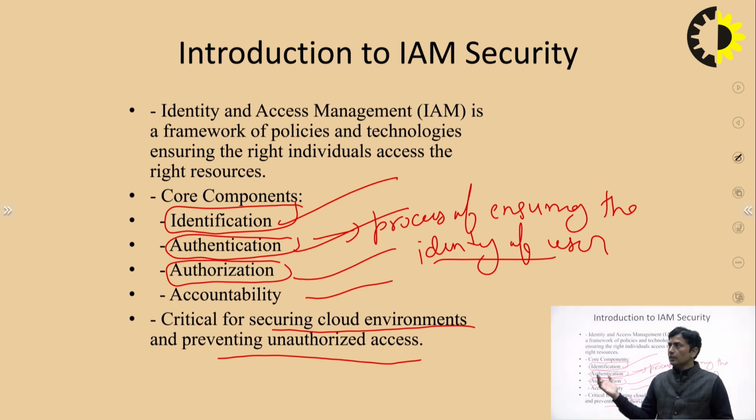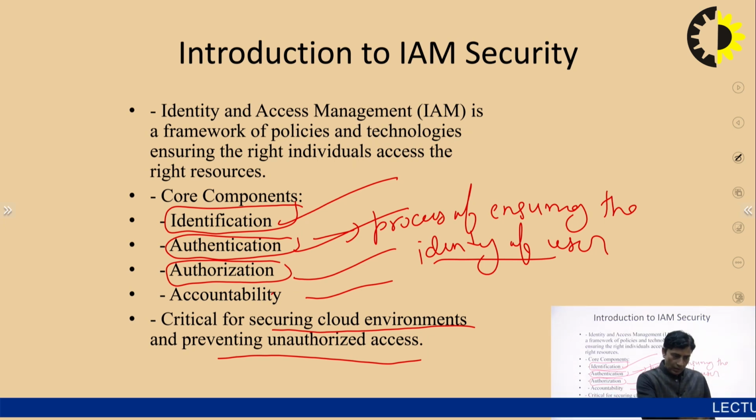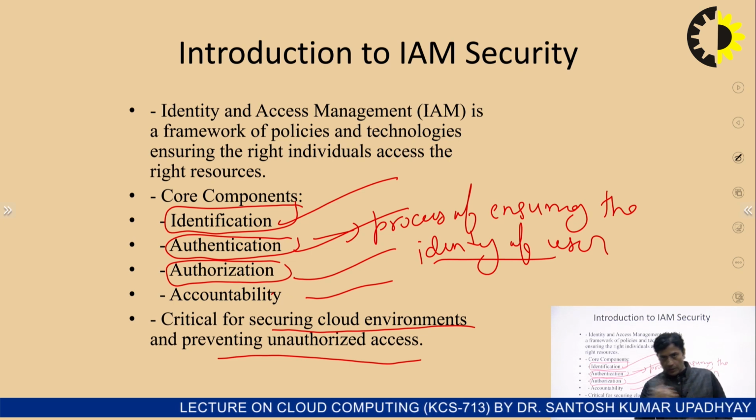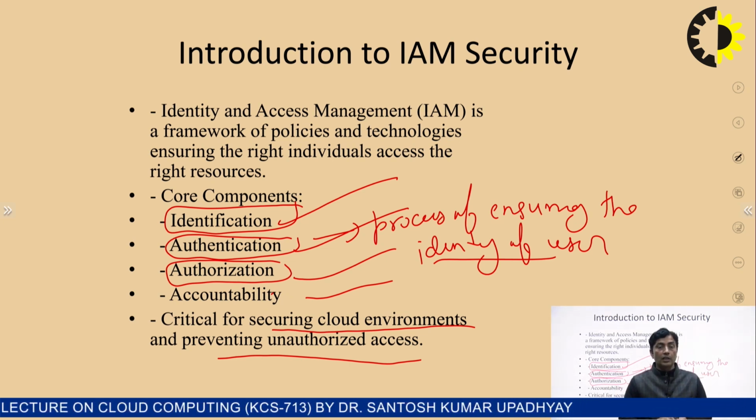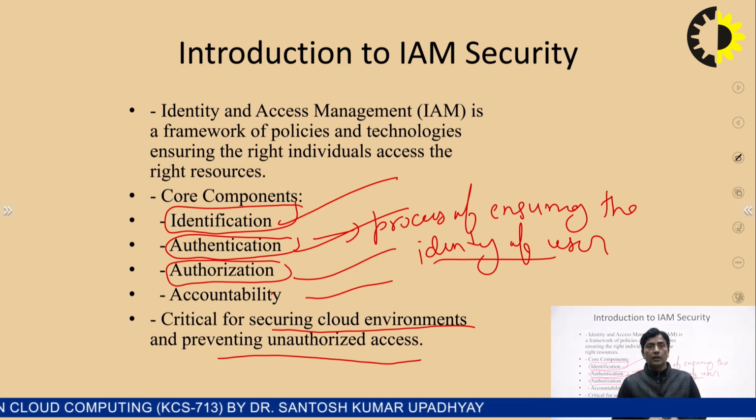Just like at the gate of the college, you check the I cards of students. If somebody has an I card, you say yes, this is our college I card, valid period, you may come inside. This is the authentication, ensuring the identity.